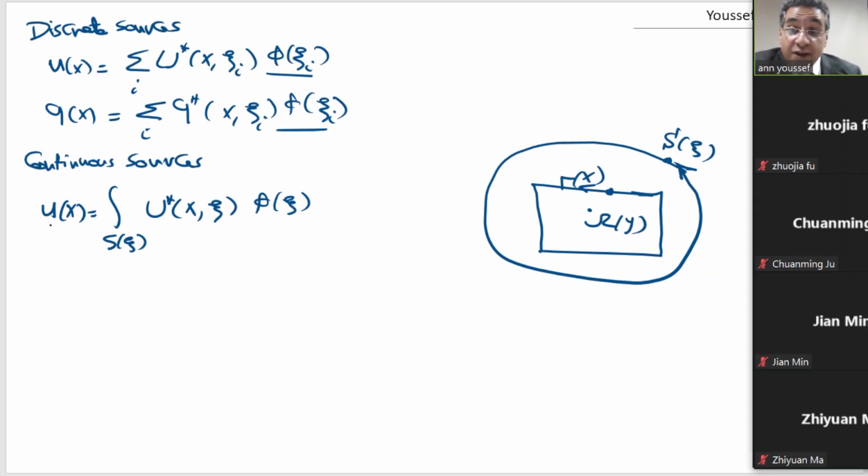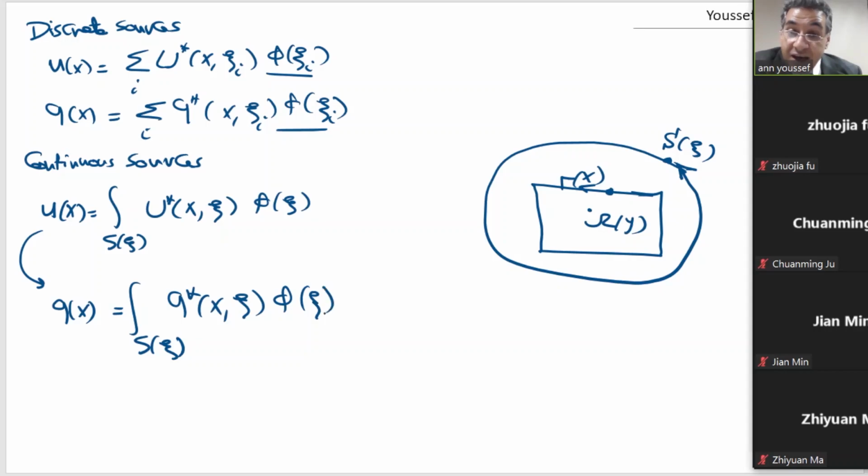When we differentiate with respect to the coordinate of the point x and multiply, we get q of x equal integral over S of xi of q asterisk of x and xi, phi of xi.